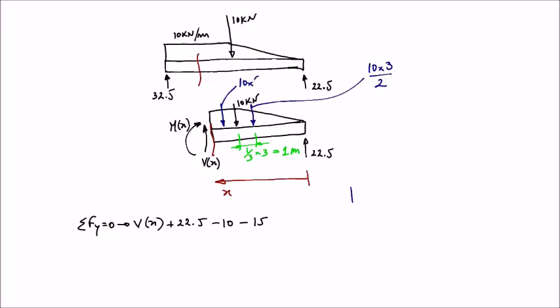x minus 3 meters. So x minus 3 meters is the distance from here to here.